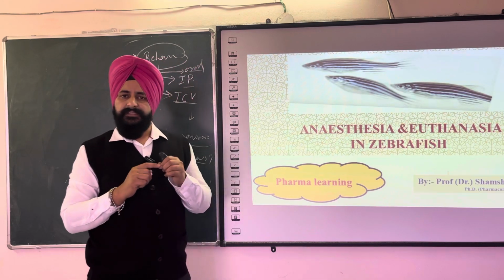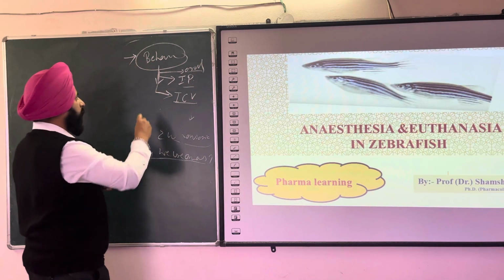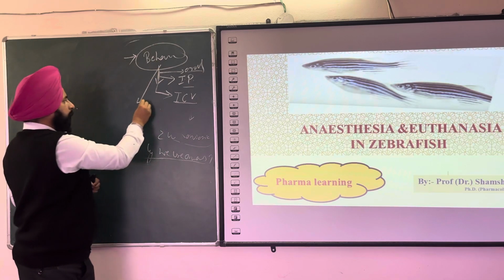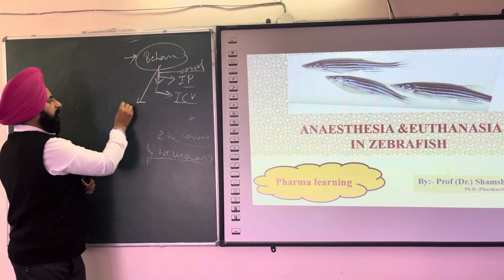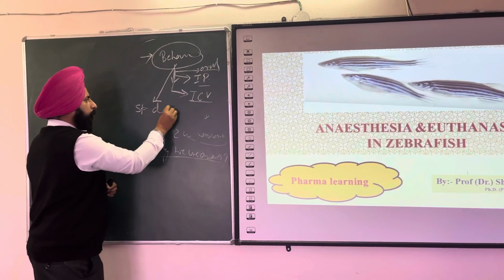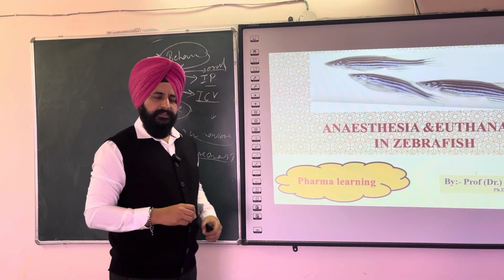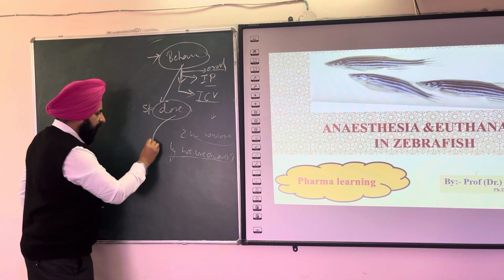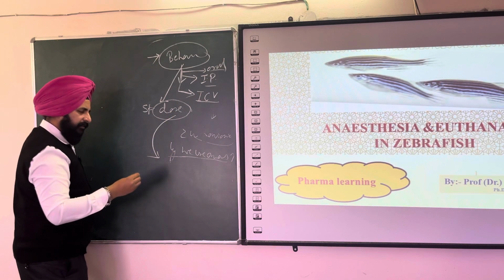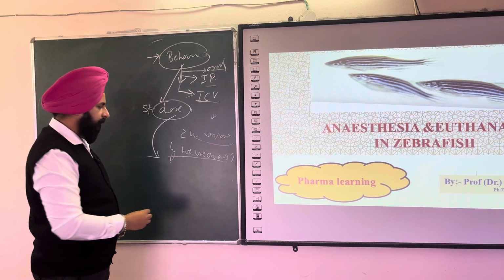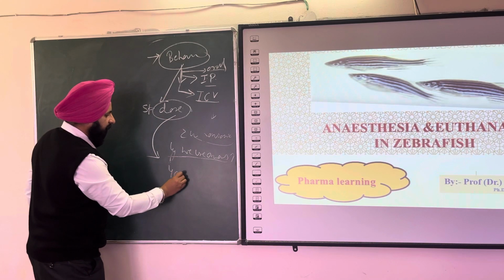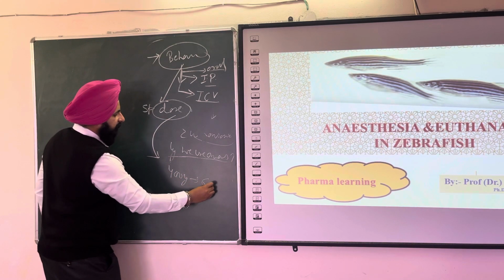So it is necessary that whenever you select anesthesia, you first choose a specific dose. Now, dose is the major thing in the case of an anesthetic. Suppose you are calculating a dose; the body weight of zebrafish lies between 400 mg to 600 mg.